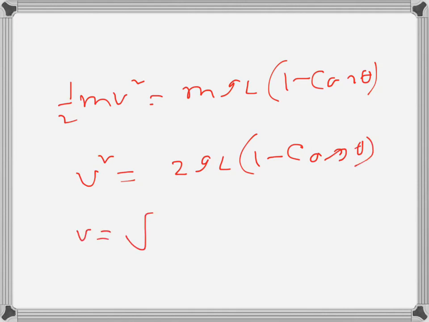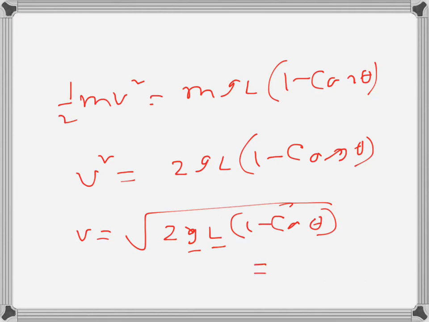So v is the square root of 2gL times 1 minus cos theta. g is 9.8 meters per second squared, L is 1.2, and theta is 20 degrees. If we plug in the values, we get v as 1.19 meters per second. That's the maximum velocity.